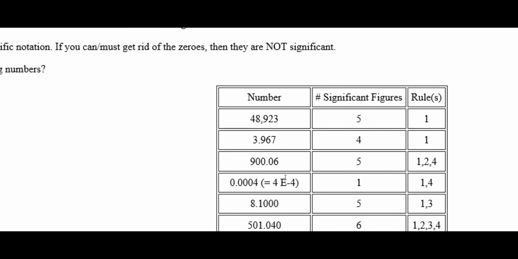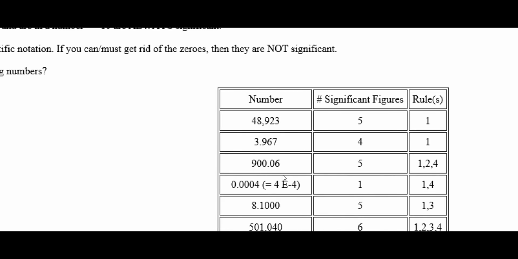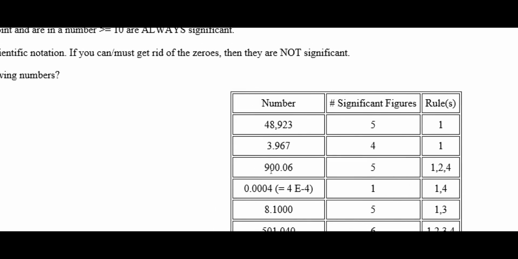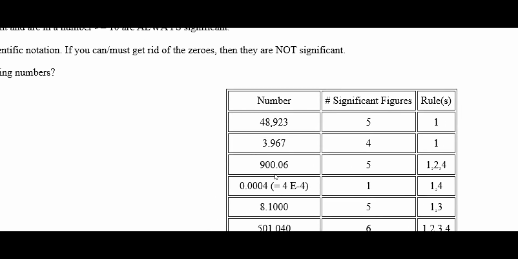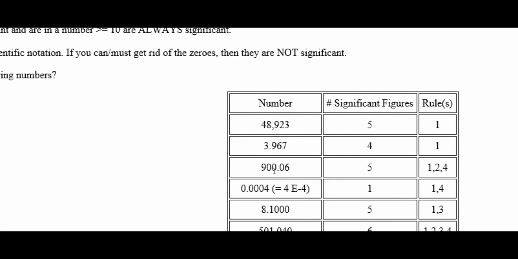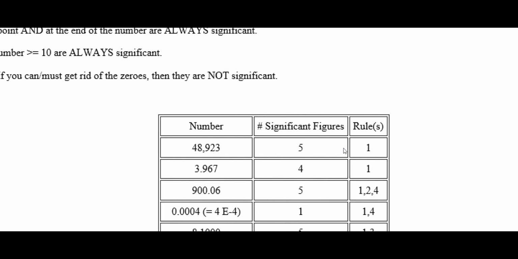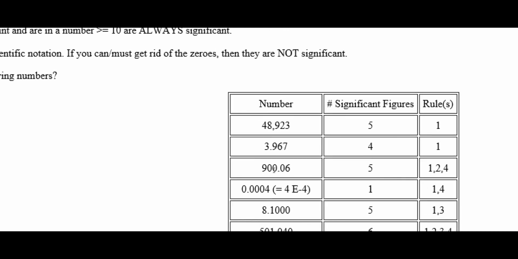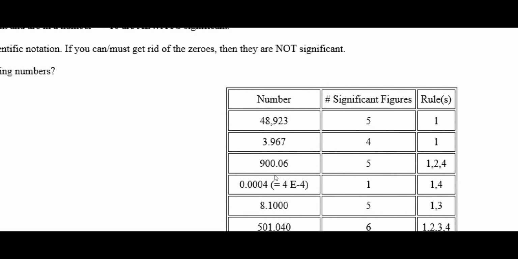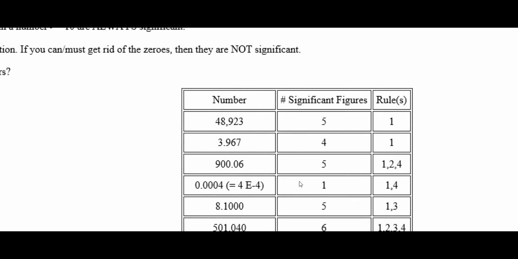And then for 900.06, there's going to be 1, 2, 3, 4, 5 significant digits. This is because all zeros between two numbers, per rule 2, are significant, even if there is a decimal point in between or not. So that's 5 significant digits.